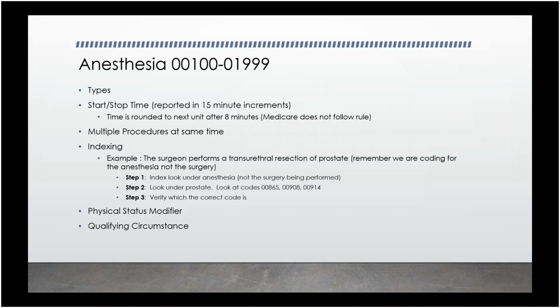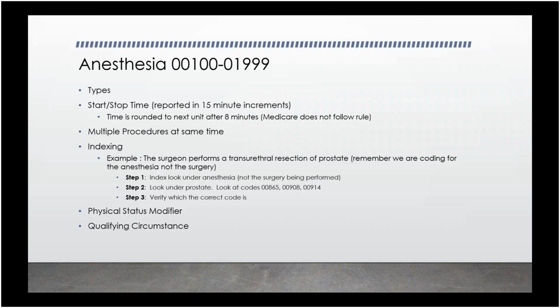Indexing. Indexing in our anesthesia chapter, when we go to the back in the index, we look at it, is divided first by the anatomical site, begins with our head and ends with our toes, and then by the specific type of procedure. So it may not always fall that way.